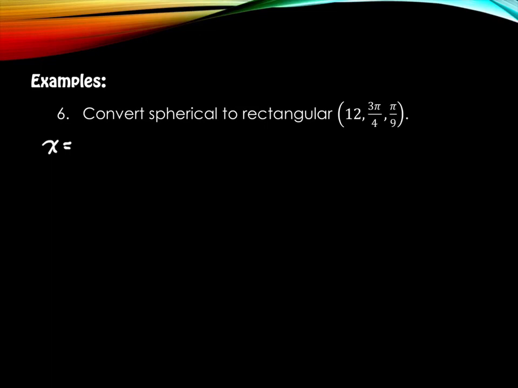So the rho is 12. Sine phi, which is my second angle, which is pi over 9. And then cosine of theta, which is 3 pi over 4.